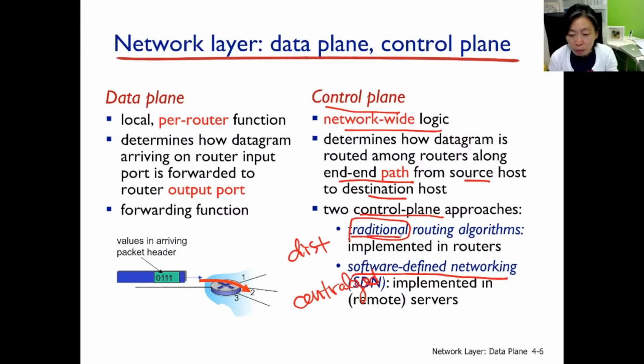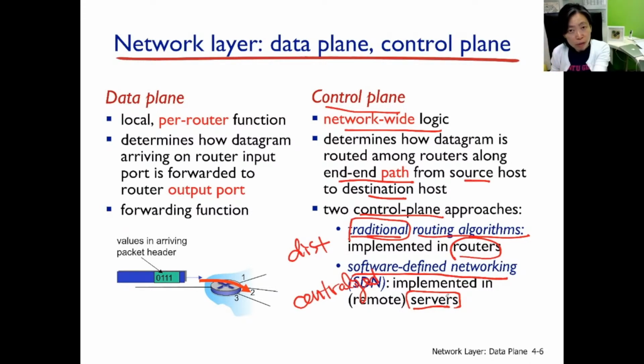Now in the traditional approach, each router implements the routing algorithm, and the routers also exchange information among themselves. As a result, collaboratively, they calculate an end-to-end path. In the centralized approach, in SDN, we ask a couple of very powerful machines, SDN servers sitting far away from the routers, to do the computation.